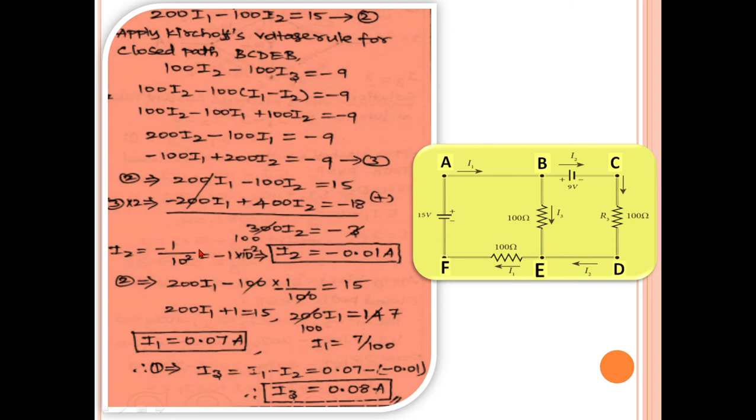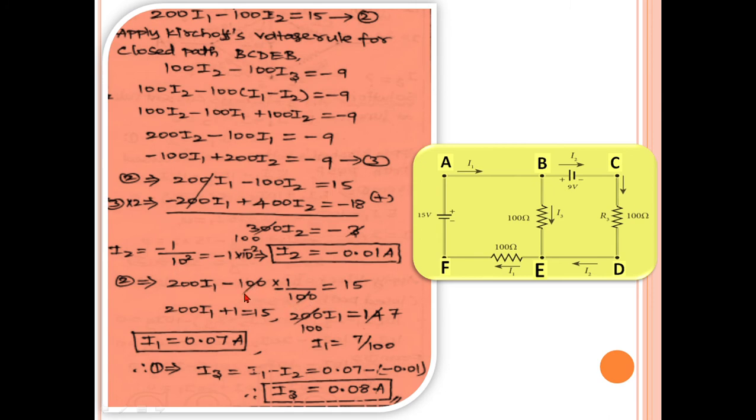I2 is equal to minus 1 divided by 100, which can be written as minus 1 into 10 power minus 2, that is minus 0.01 ampere. Now substituting the value of I2 in equation number 2: 200 I1 minus 100 into minus 1 by 100.